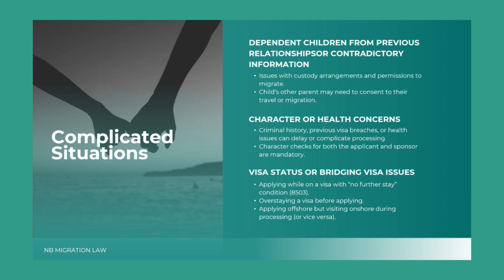There is a process. The first thing is to waive that no further stay condition. In order to waive it, as I've said again, we need documentation, like from medical experts, for example, then submissions to the department on why the applicant's no further stay condition needs to be removed.